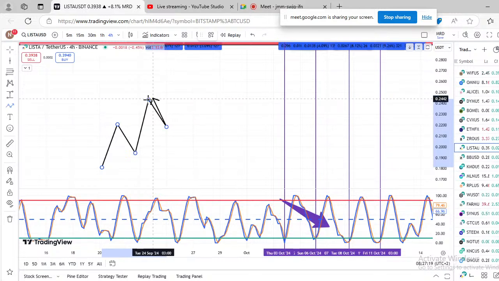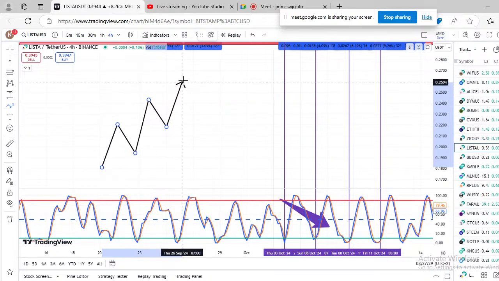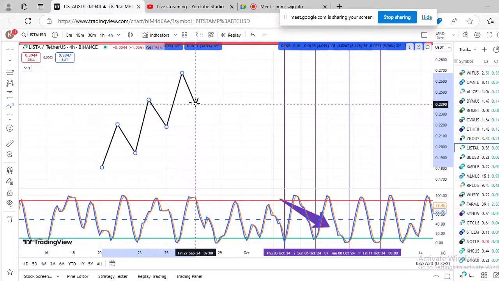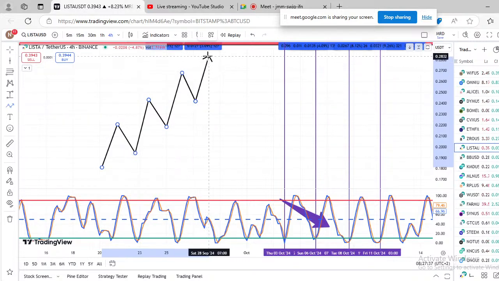So we are likely to break this line. Therefore, your take profit should always be at this top. We are going to break it and come back. Are we getting it? We come back to the same area, then we break the previous one like that.